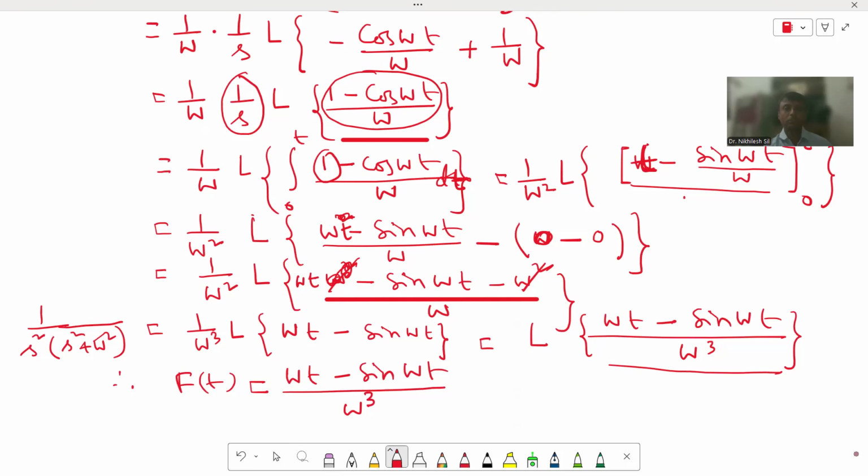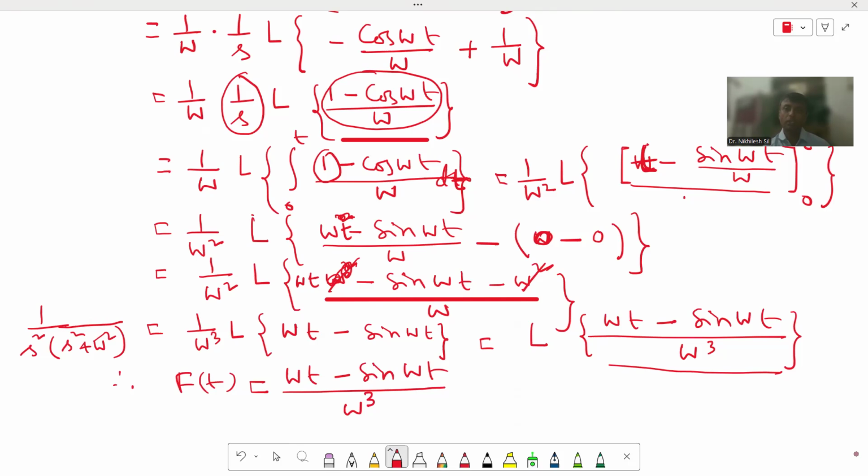And what is the range? 0 to t, f(t) dt. And Laplace, if L of f(t) is multiplied by s, then it is the Laplace of the derivative. If the power of s is 1, Laplace of f dash t. If the power of s is 2, then Laplace of f double dash t, and so on. But in the Laplace of the derivative, there exists more than one term. But in the Laplace of the integration, there exists only one term.